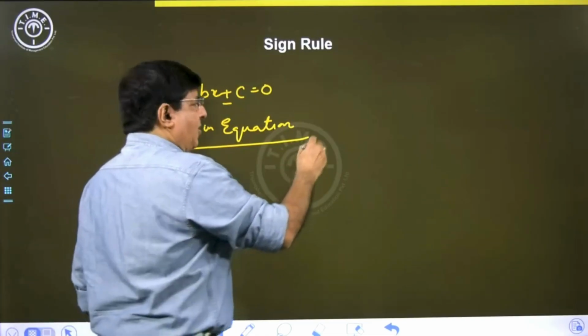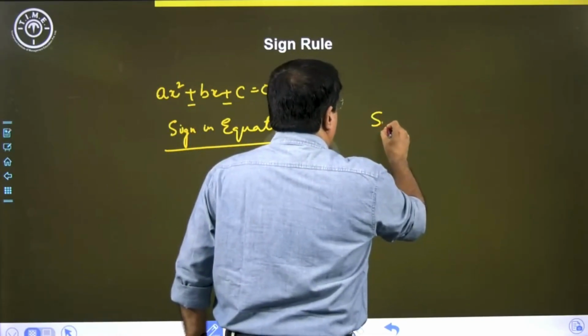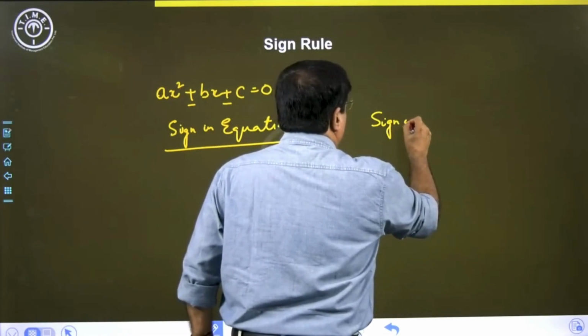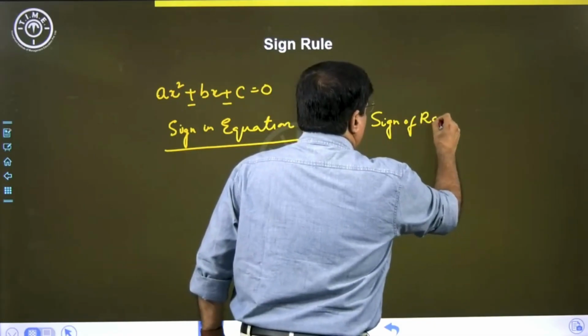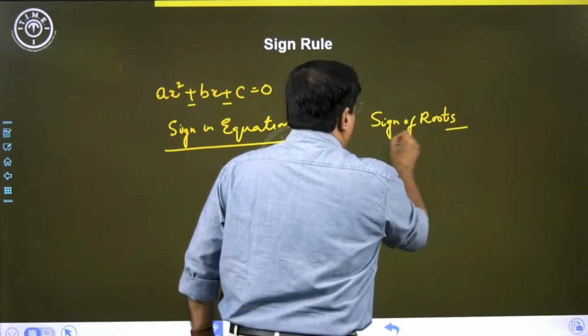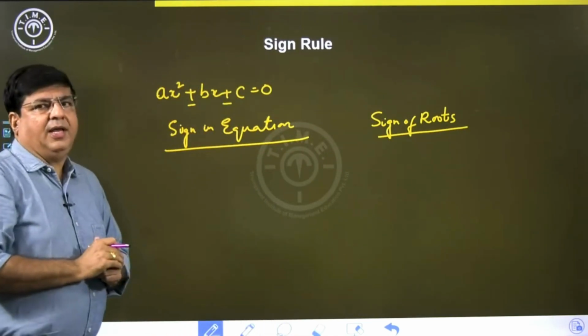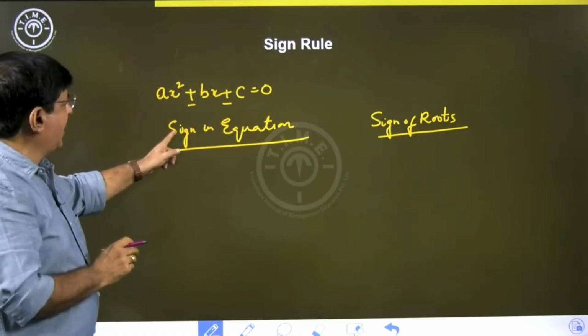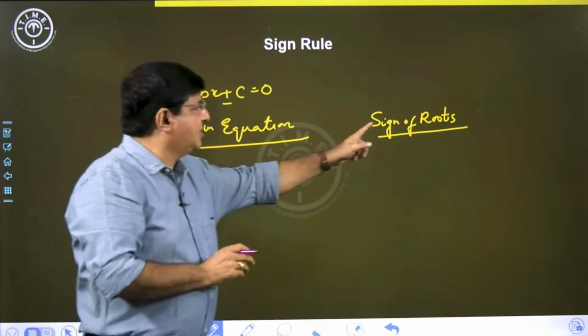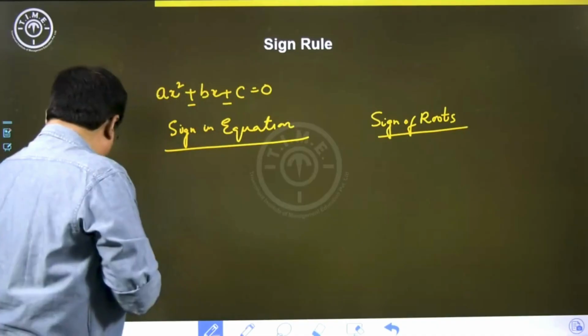The next one I will call as sign of roots. Okay. So let us discuss these two first before we solve any quadratic equation. You have a sign in equation and sign of the roots.